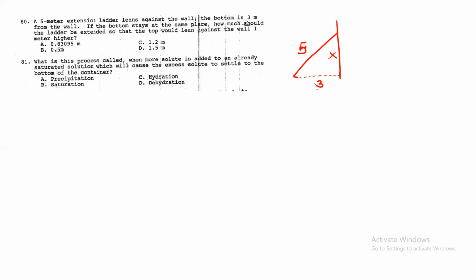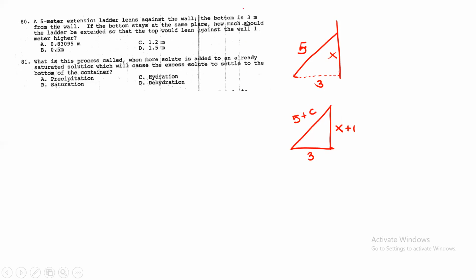So, ibig sabihin, sa second scenario, ganito na yung magiging triangle natin, no? So, itong x is magdadagdag tayo ng 1 meter dahil tataas siya ng 1 meter. Then, 5 plus, mag-add tayo dito ng clearance. So, syempre, dahil tataas yung ating ladder, ma-extend yung ating ladder. Ito namang bottom niya is 3 meters pa rin, hindi nagbabago. So, ganito na yung magiging tsura ng ating formula.